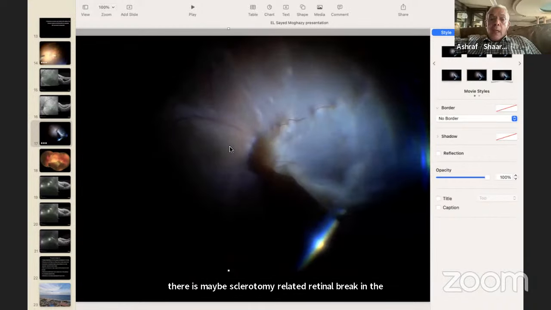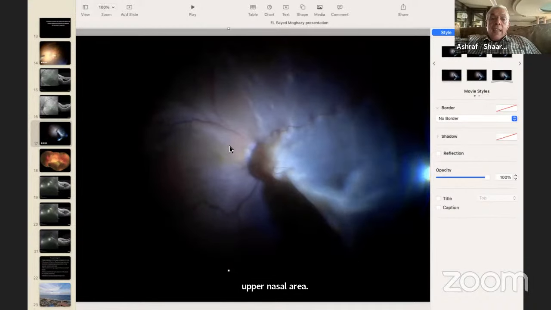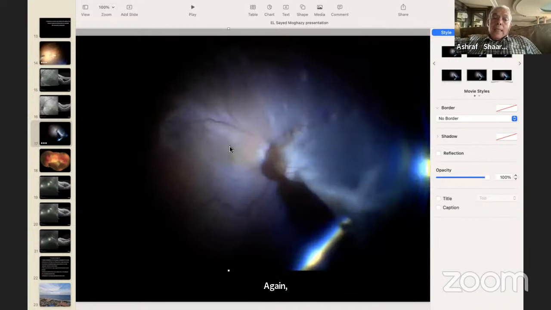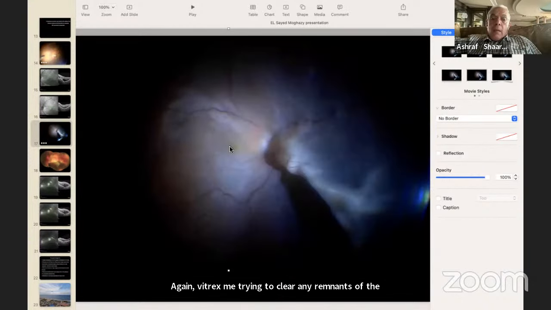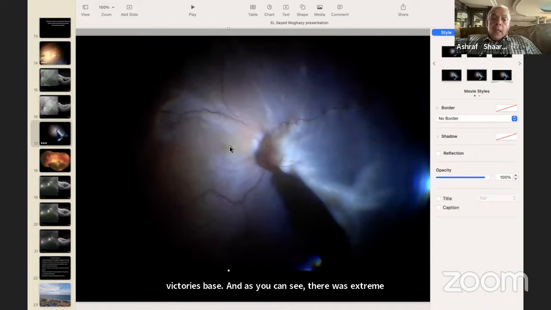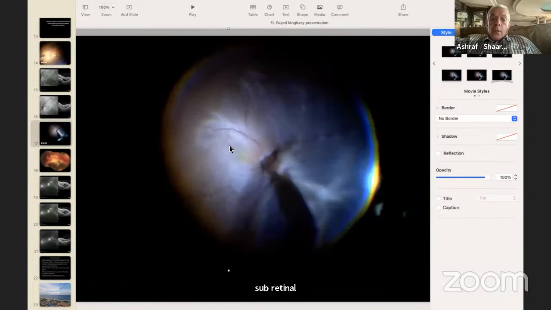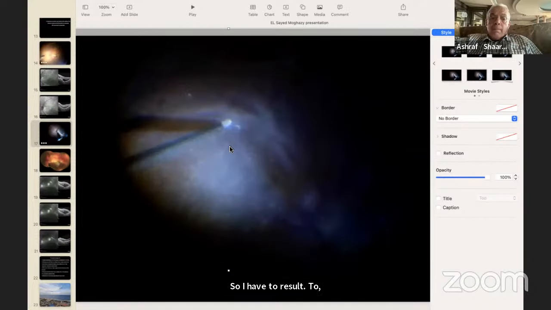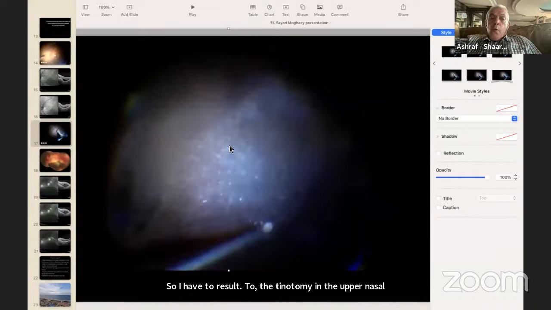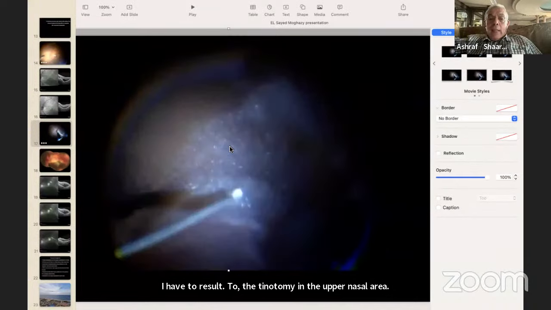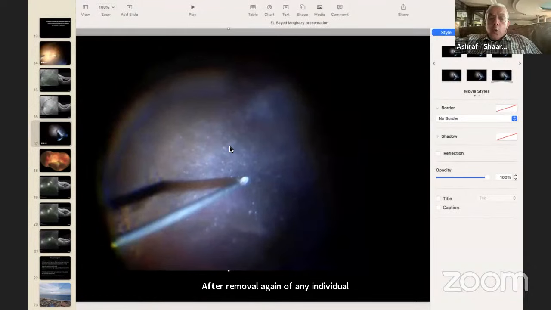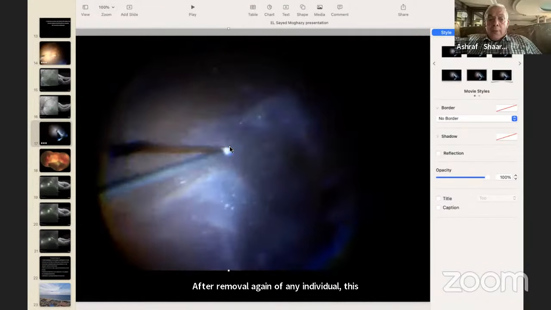Again, vitrectomy, trying to clear any remnants of the vitreous base. And as you can see, there was extreme subretinal proliferation. So I had to resort to a retinotomy in the upper nasal area after removal again of any residual vitreoschisis or vitreous attachment to the retinal surface.